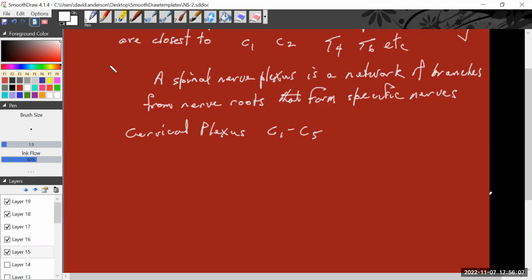So if we had C1, C2, C3, C4, C5, what we're saying is that the nerve roots from C1 and C2 and C3 and C4 and C5, they all leave and they have branches that will form nerves.